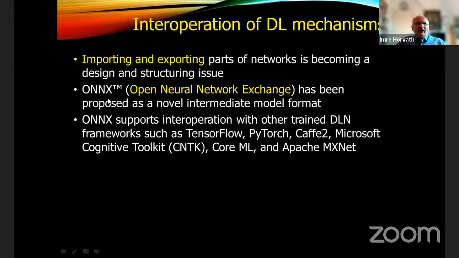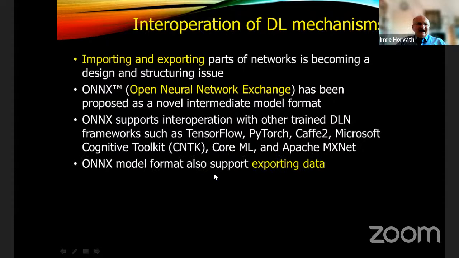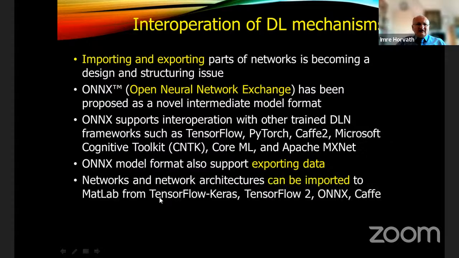This ONNX supports the interoperation with other trained deep learning network frameworks such as TensorFlow, PyTorch, the Microsoft Cognitive Toolkit, CoreML, and Apache MXNet. The ONNX model format also supports exporting the data.